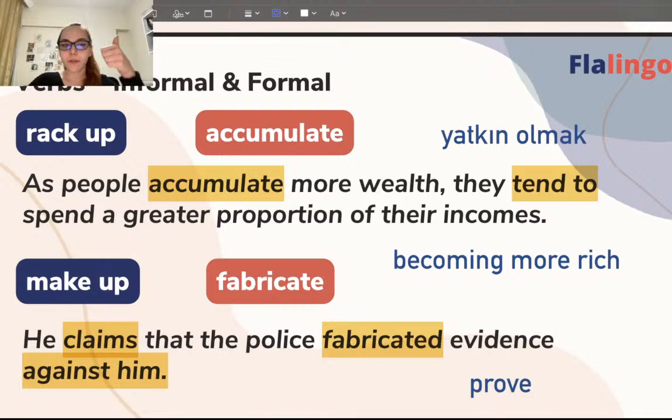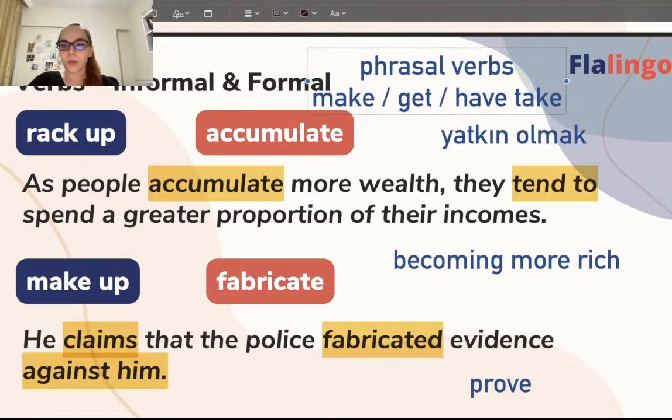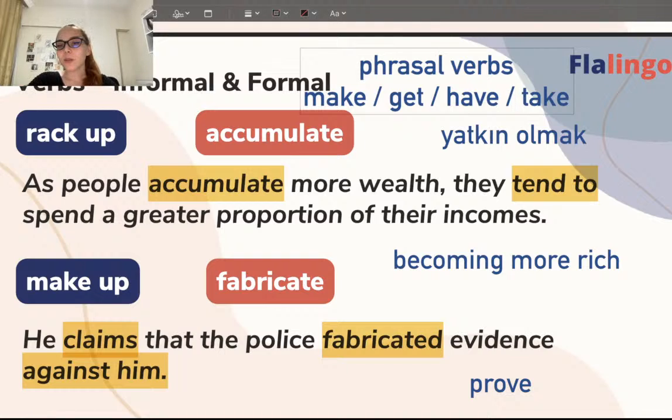So we said informal, rack up, make up. Informal words mostly include phrasal verbs. We know the phrasal verbs. Do you remember them? We can say make, get, have, take, blah blah blah. If we use these verbs to make a verb of the nouns, these will be mostly informal and daily speaking because those are phrasal verbs.